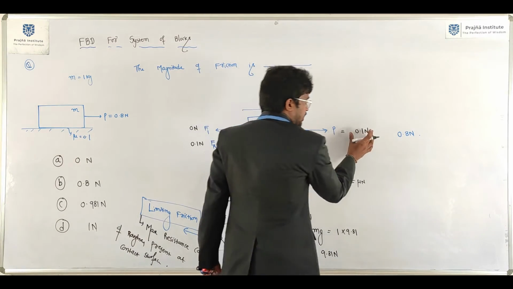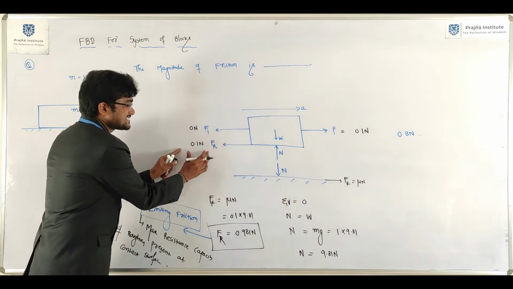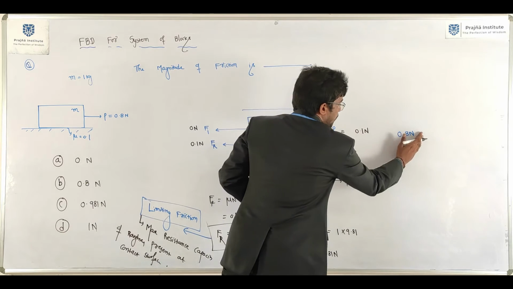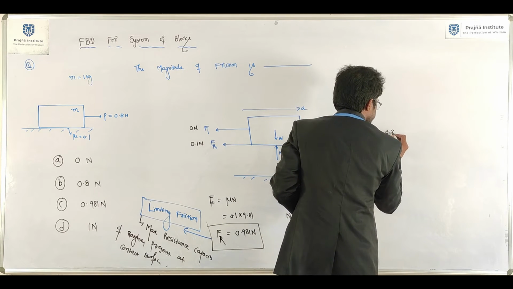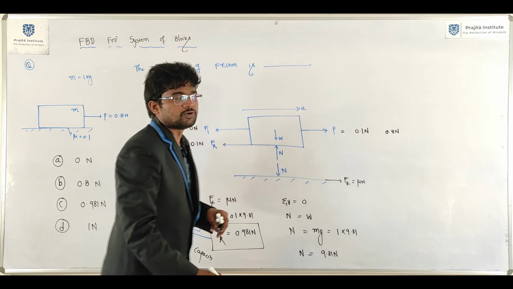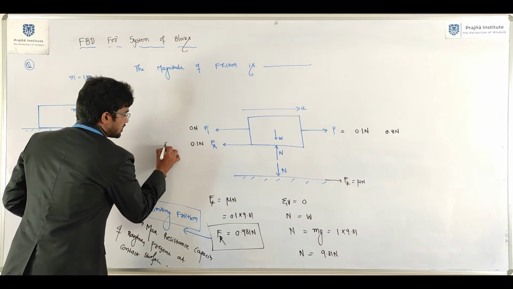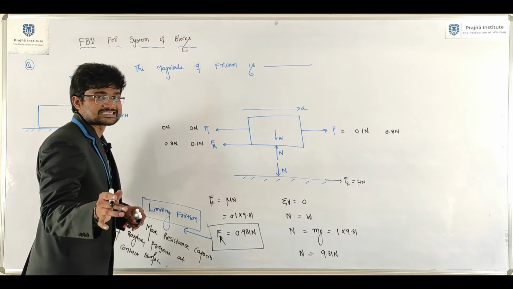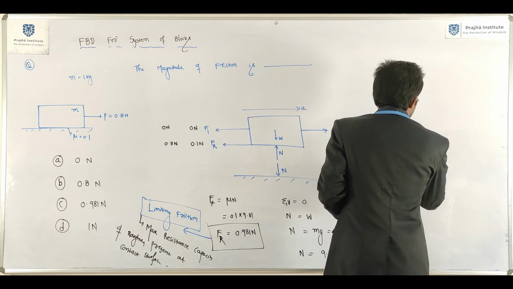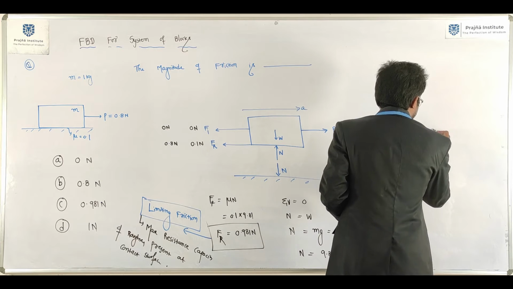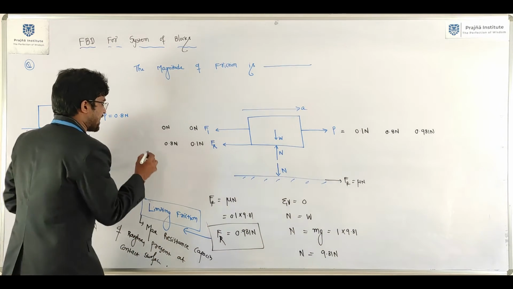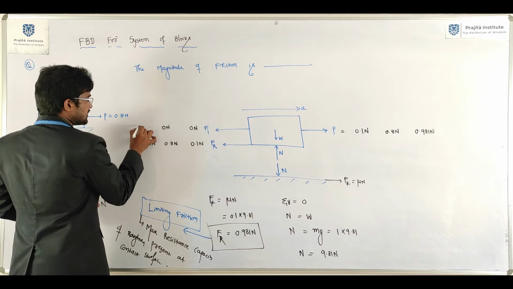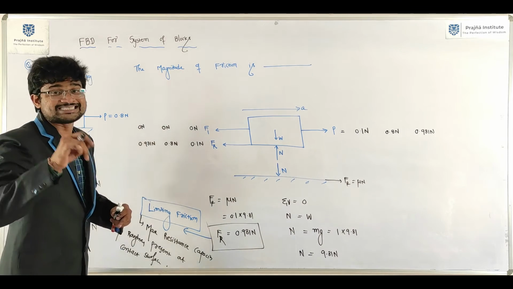Okay, if you apply 0.1 Newton, what is the frictional resistance? 0.1 Newton only. If you apply 0.8 Newton, what is the resistance offered by the roughness? 0.8 Newton, still the block is at rest. If you apply 0.981 Newton, what is the resistance offered by roughness present at contact surface? 0.981 Newton, still the block is at rest.